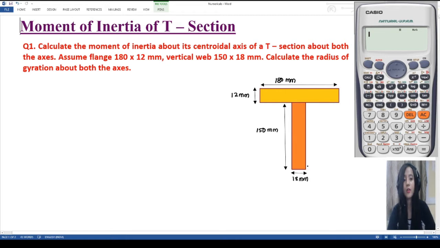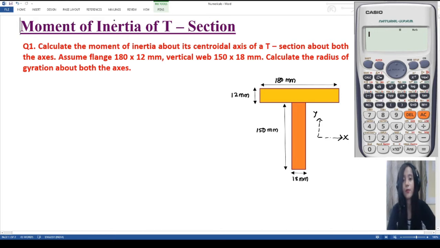And now we are asked to find moment of inertia about both axes, x-axis as well as y-axis, and also we have to find radius of gyration about both the axes. I'll just draw a small diagram here. So about this plane I'll have x-axis, and about this plane I'll have y-axis plane.